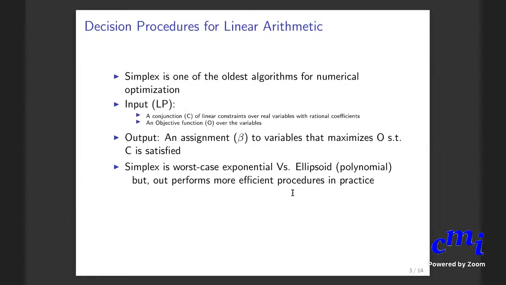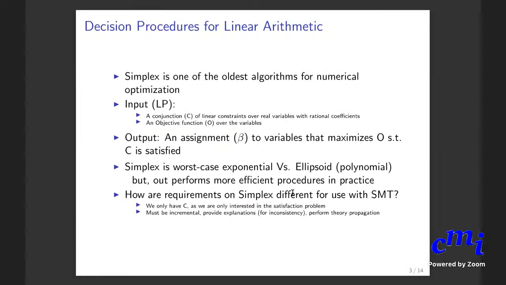Most SMT solvers use the simplex procedure for solving SMT formulas in the theory of linear real arithmetic.